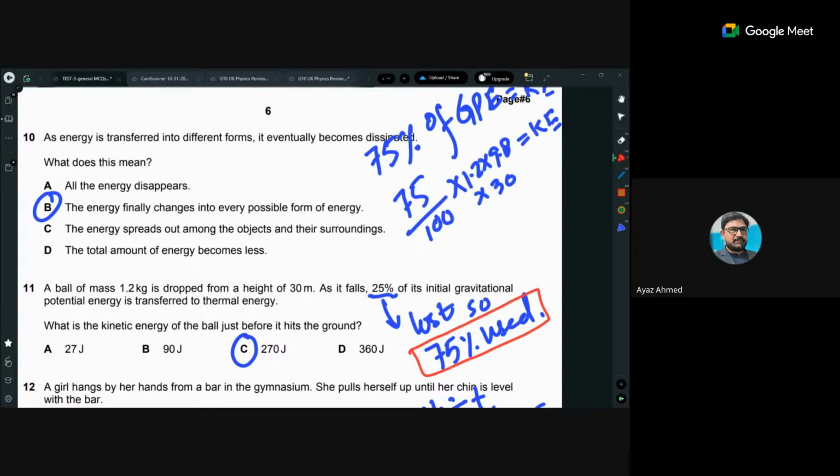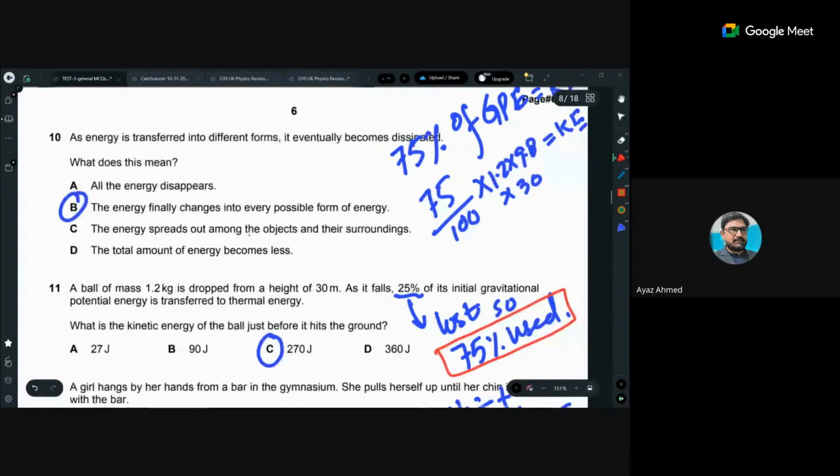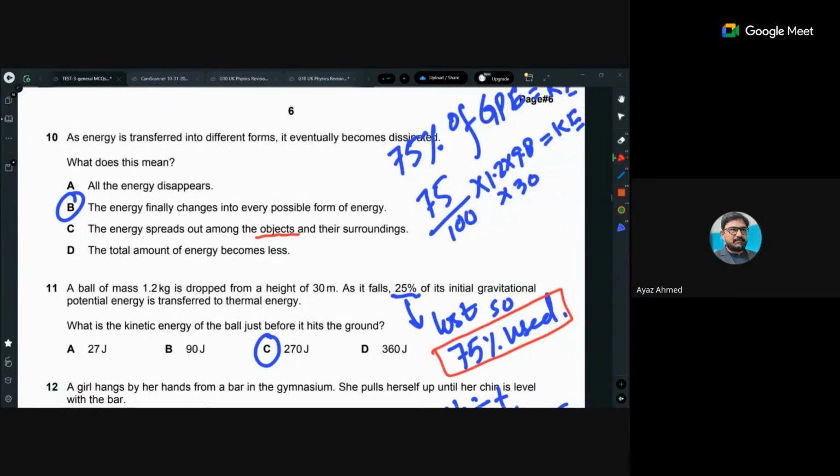Just a second. I did not notice this one. Among the objects and surrounding. Object is also there. When I was giving you an example, the hands and the surrounding, hands were the objects, right? So I ignored this word, objects. So the energy finally changes into every possible form of energy.